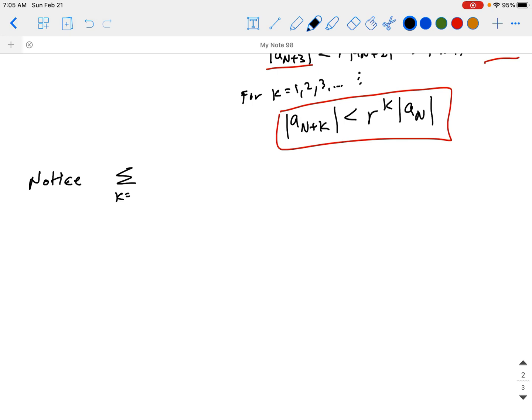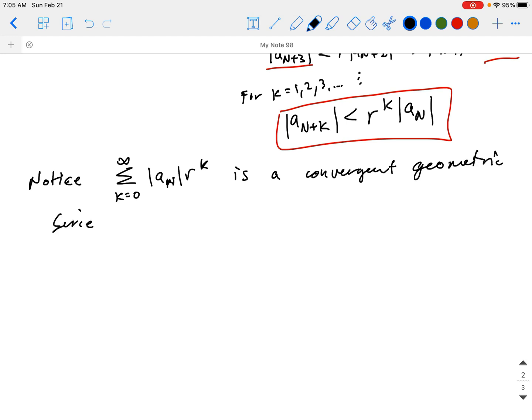If we fix this a capital N term, because that's just a constant number, and we have that as our leading term times r to the k, this is a convergent geometric series, since r is going to be between 0 and 1.